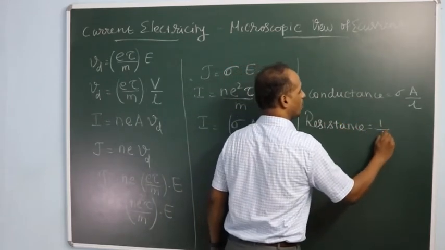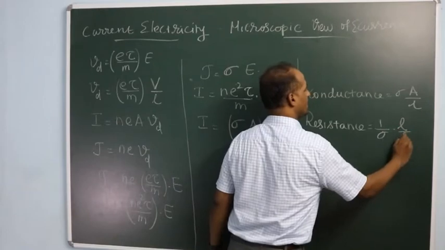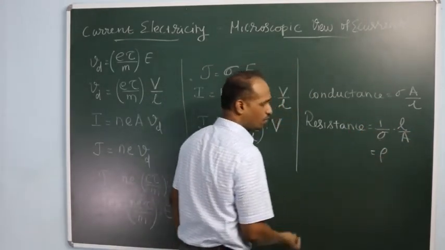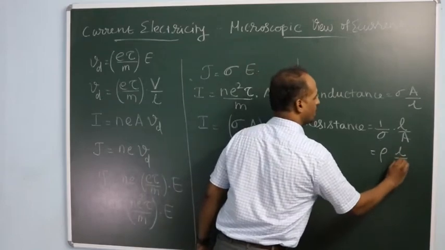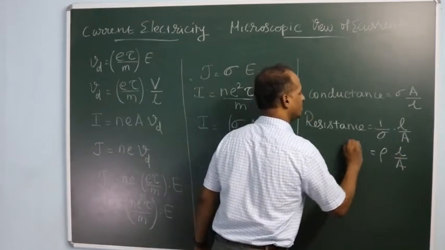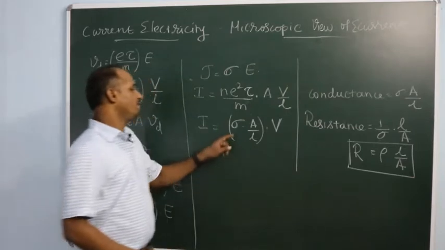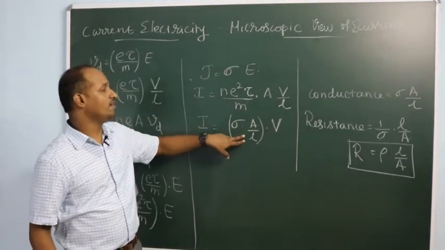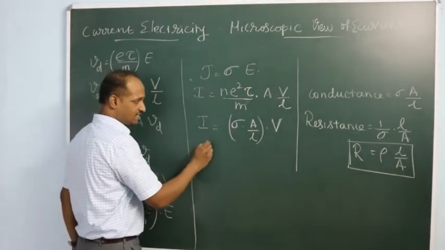Resistance is 1 by sigma into L by A, the reciprocal, where 1 by sigma is called resistivity rho, and L by A is the geometry. If sigma A by L is conductance, the reciprocal of the conductance is resistance.